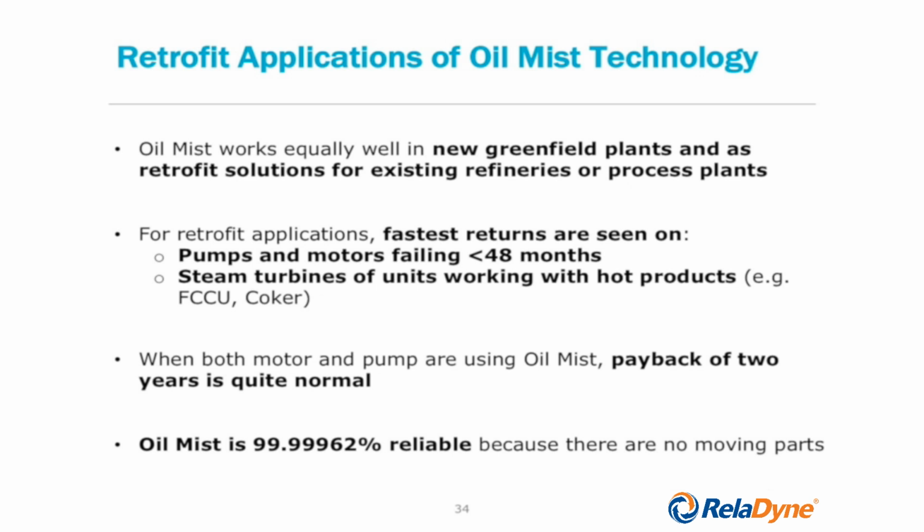And finally, oil mist, it's a big number here, is 99.99962% reliable because there are no moving parts. So you may ask now, well, if oil mist is 99.99962% reliable, what happens in terms of its unreliability?